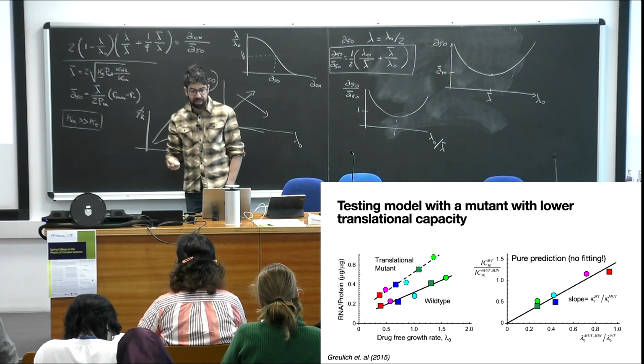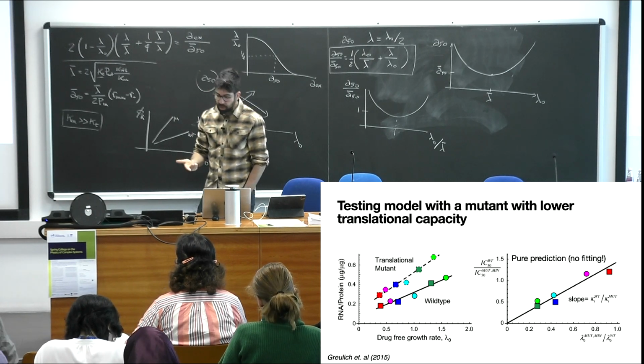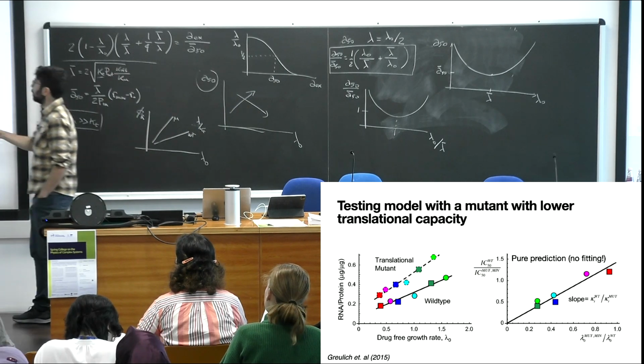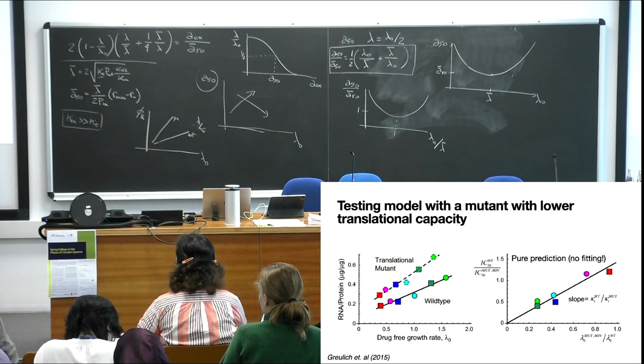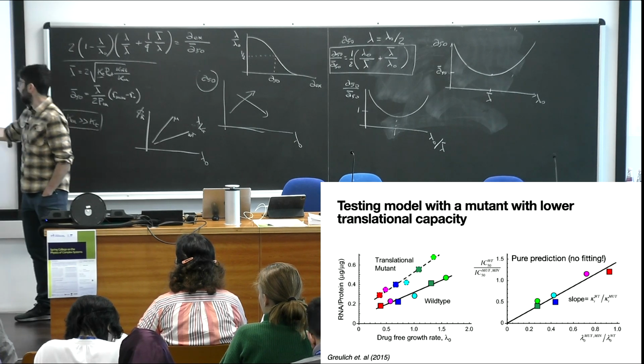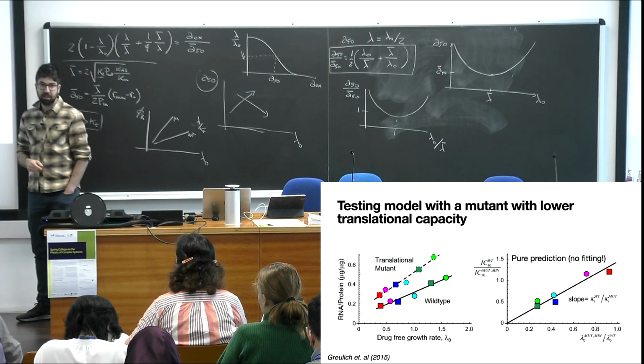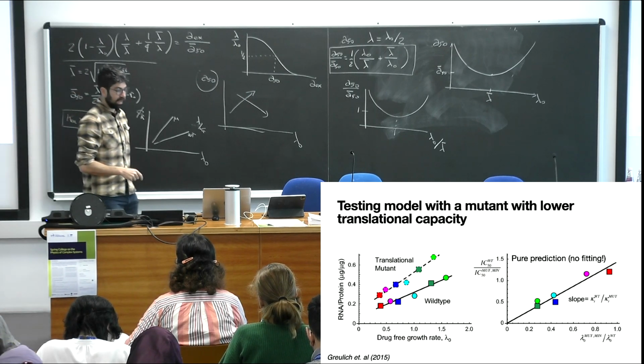So what you can predict is the value of the ratio of A50 of the wild type and the mutant as a function of the ratio of lambda naught of the mutant over lambda naught of the wild type.